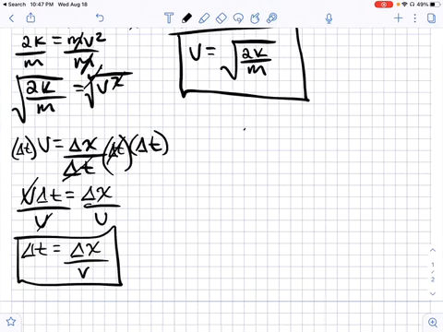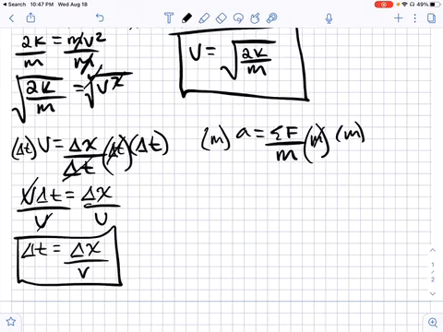Here's another one. a is equal to the net force divided by mass. And let's solve for mass. Again, it's at the bottom of the fraction. So we're going to first multiply both sides by m. That will cancel the m on the right side.